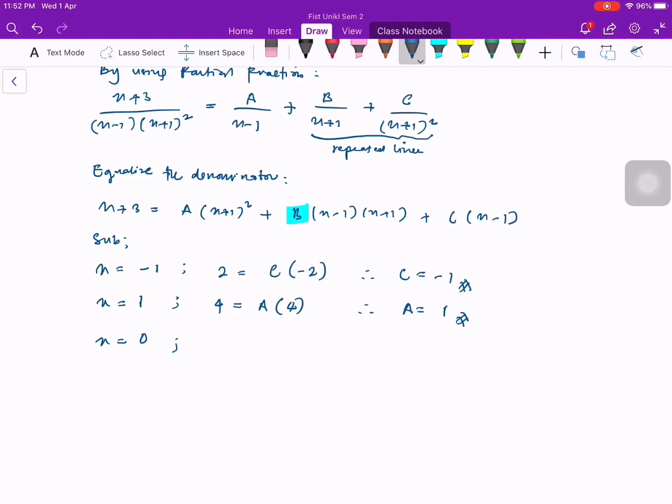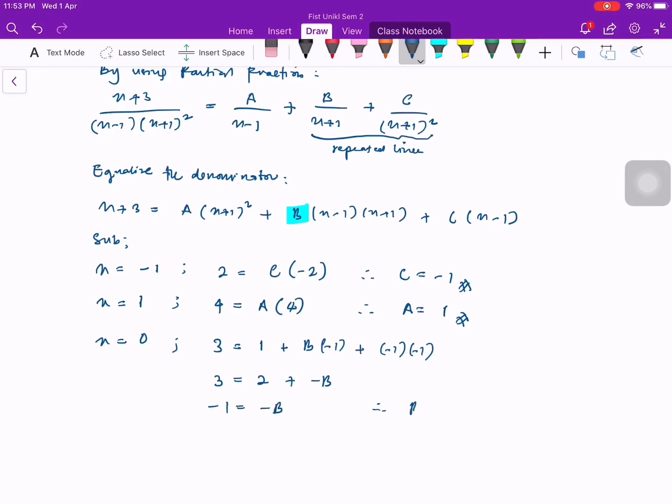Then it will become 3 is equals to a. We have a is equals to 1 and x plus 1, so we have 1. Then 1 plus with b times with minus 1 times 1. Okay, then plus with c is minus 1 times with minus 1. Therefore here kita akan dapat 3 sama dengan, so 2 plus with minus b, which is 3 minus 2 become 1, is equals to minus b.